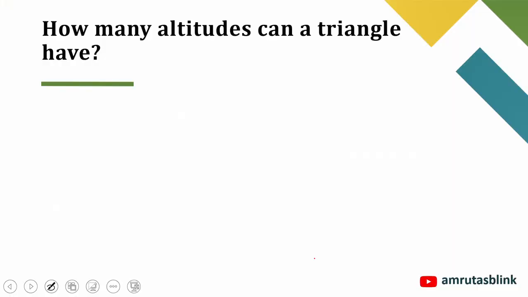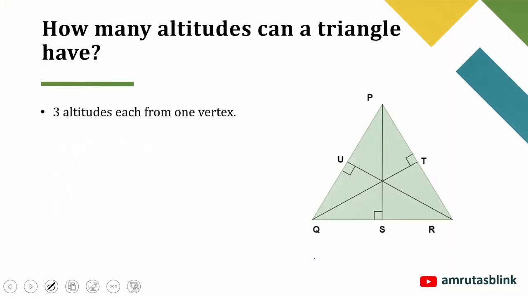If you draw a perpendicular from each vertex to the side opposite to that vertex, then that line is called an altitude. Again here also, as you have 3 vertices, you will have 3 altitudes for any triangle. How many altitudes can a triangle have? 3 altitudes, each from one vertex.